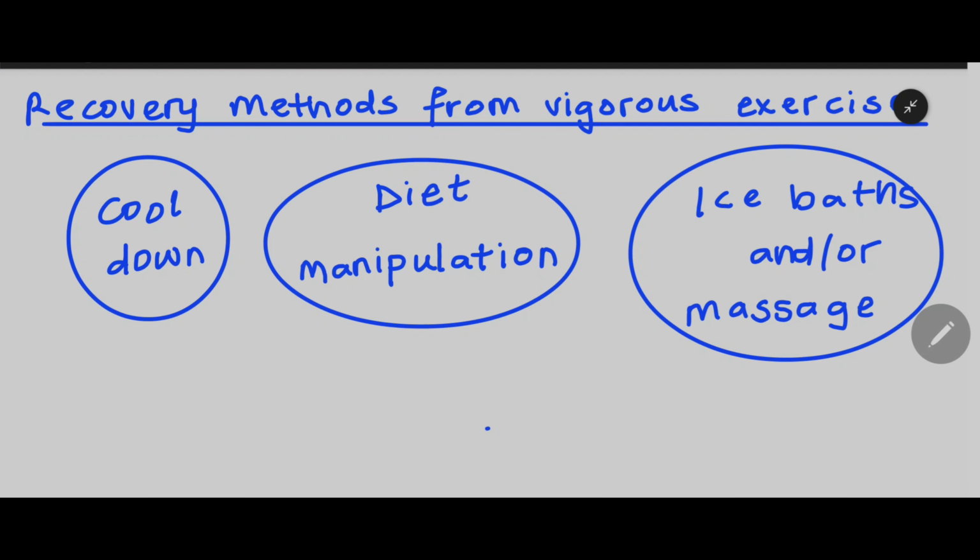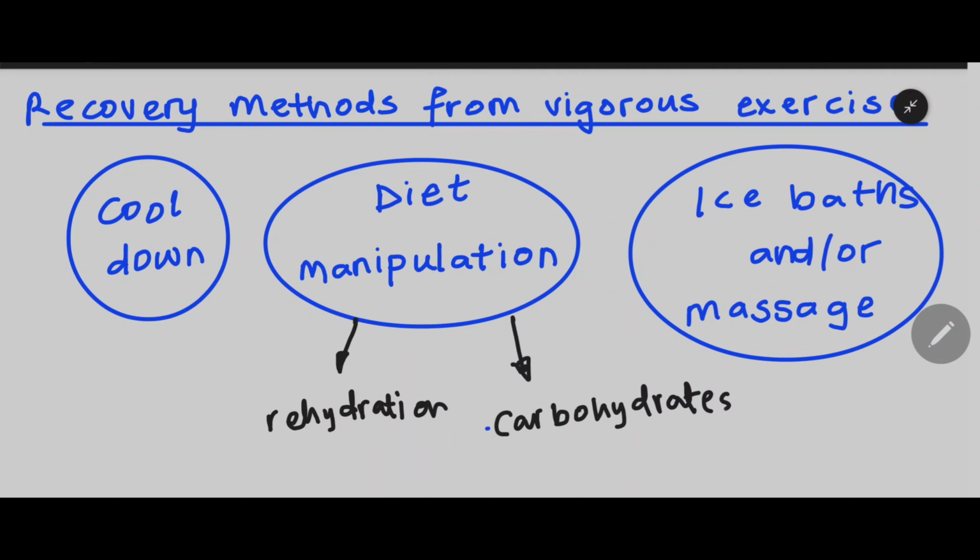And then next we have manipulation of diet. So this includes getting rehydrated, so rehydration, and consuming carbs for energy. So rehydration and carbohydrates, because after exercise you have lost a lot of water and some salts through the sweat.